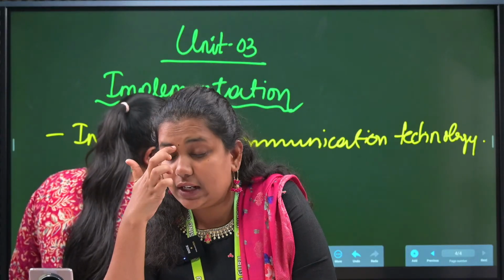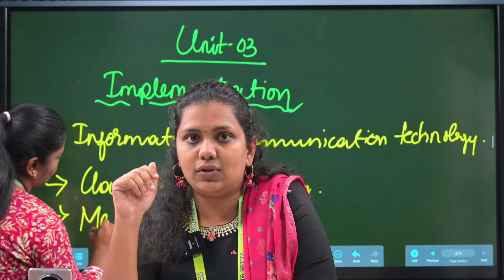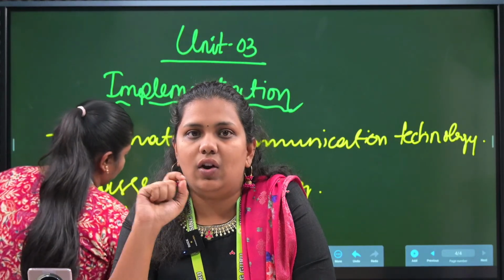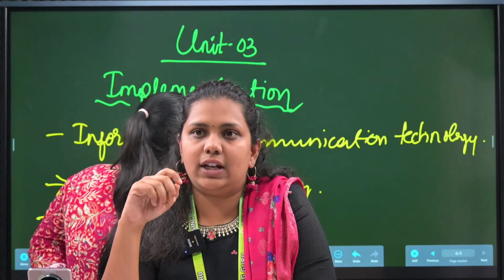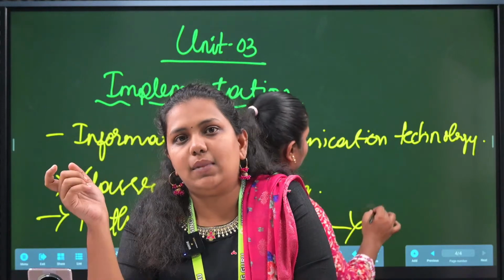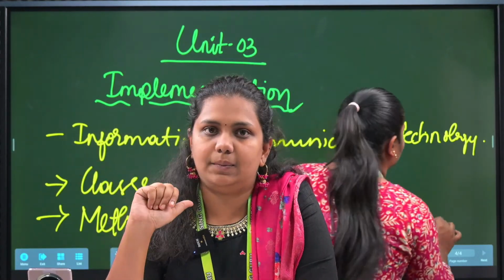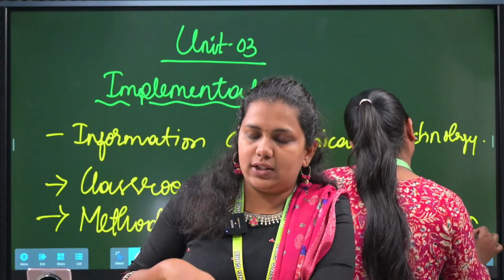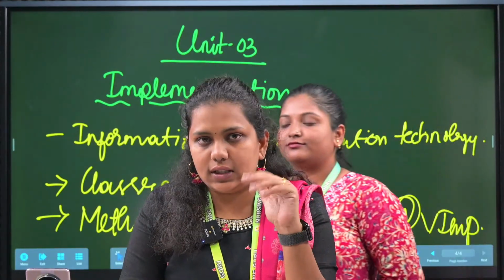Okay, this is very important. In the year-wise papers, they used to ask classroom communication, then methods of teaching. They will be asking to list the methods of teaching. In that, any one method they will specify and ask the question to expand on that particular teaching method. So this unit is very important. You have to give more concentration towards this unit.